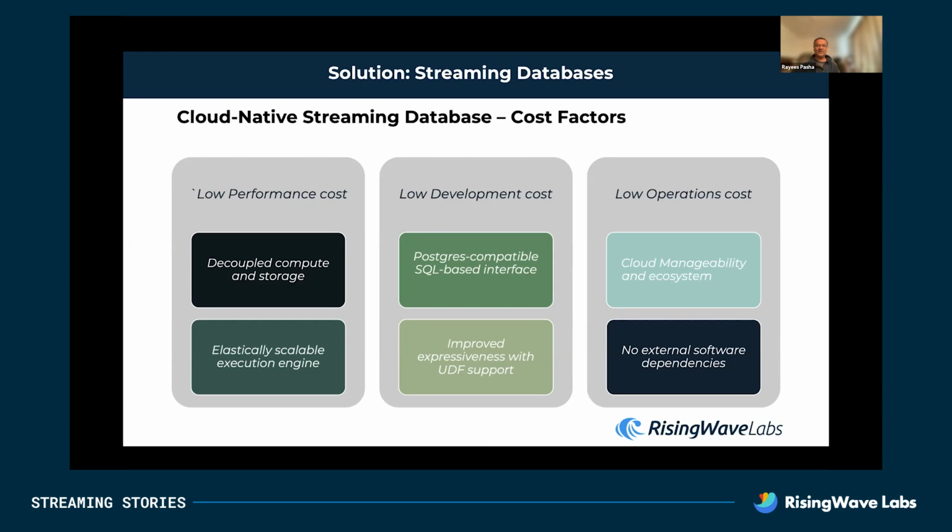The full computation means for every job you have to stand up a lot more hardware than you would require with an incremental computation model. So that's one thing we get with streaming databases, the same performance but at lower cost.